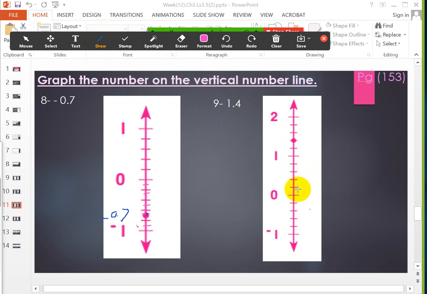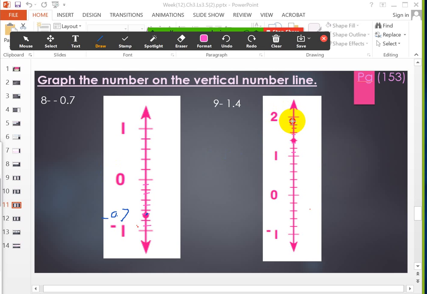It's positive, so it will be up, of course. Between two numbers, could you please tell me where? Between 1 and 2, very good. That's correct. Thank you so much, Selma.